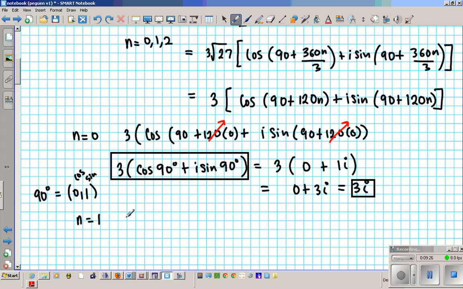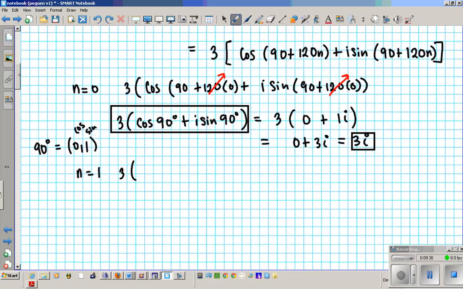So we're going to have 3 times cosine 90 plus 120 times 1, plus i sine 90 plus 120 times 1.